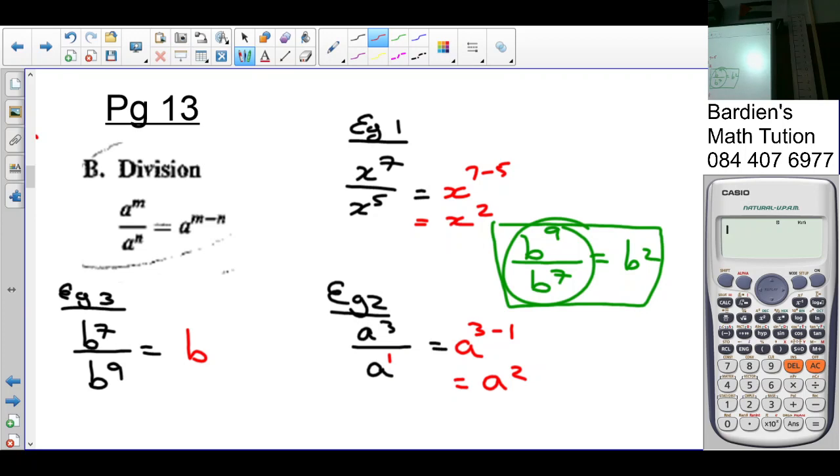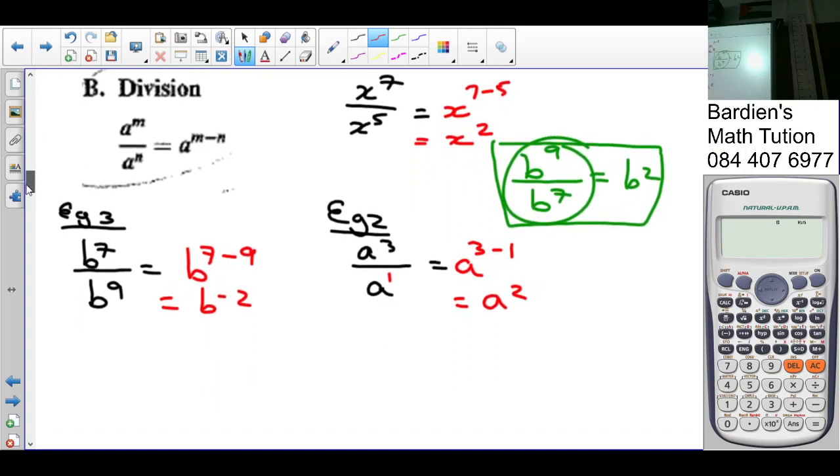Okay, so it's going to be 7 minus 9. It's negative 2. But remember, what did we say? It looks weird, yes. But that is the answer. Just look at it this way. If you got b to the 7 over b to the 9, where's there more b's?